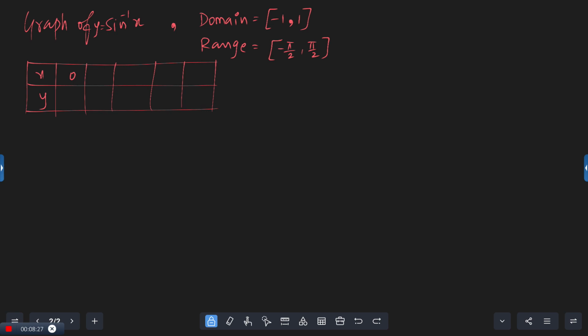For what angle will you get 0, minus 1, plus 1? I am taking standard values like that. Also take a few more: where will you get 1 at 90? Then 1 by 2 will also come in sine inverse, and root 3 by 2, even 1 by root 2, take everything possible.